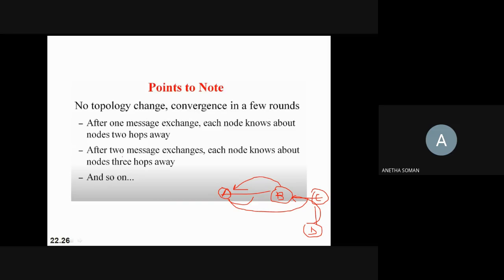Understanding the concept? If you are doing one message exchange, you come to know about the nodes which are two hops away from that particular node. And if you are doing two message exchanges, you come to know about the node which is 3 hops away. Okay, and it will continue.